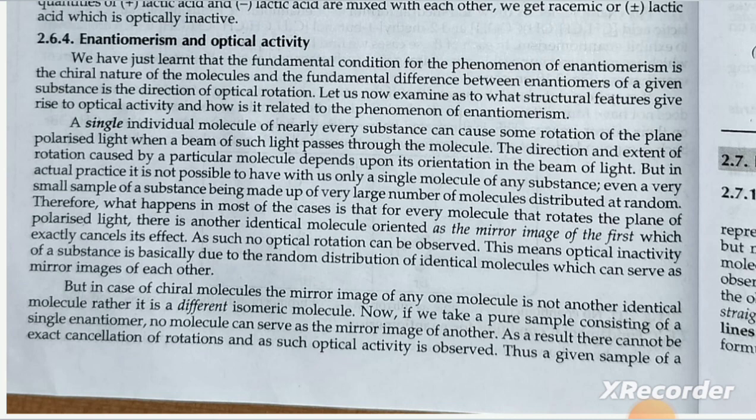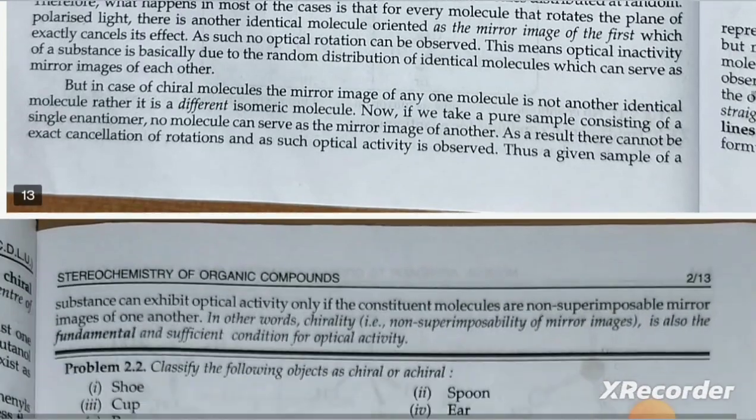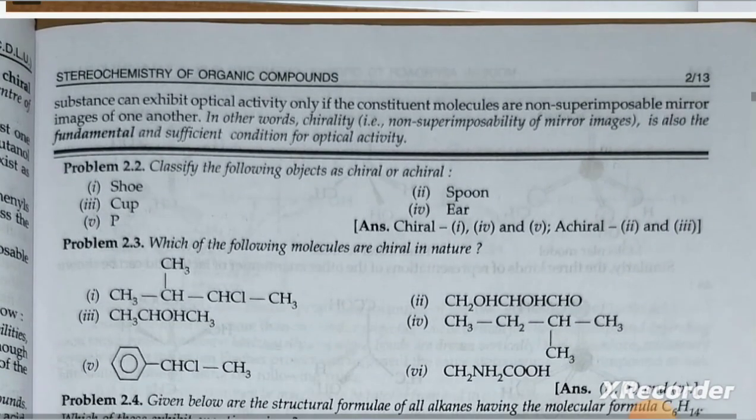Thus a given sample of a substance can exhibit optical activity only if its constituent molecules are not superimposable mirror images of one another. In other words, chirality, the non-superimposability of mirror images, is also the fundamental and sufficient condition for optical activity.